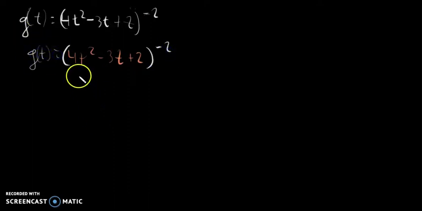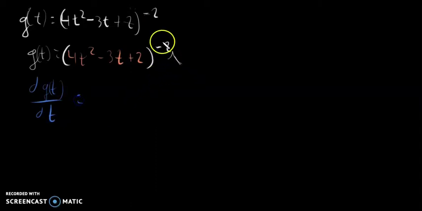Right, so once we have identified our inner function, what we're going to do is we're going to check, oh, well, this seems like a power rule. So we are going to apply the power rule in this case. The derivative of g of t with respect to t is, we're going to bring that down, negative 2. And then we have the inside, we don't touch it yet.